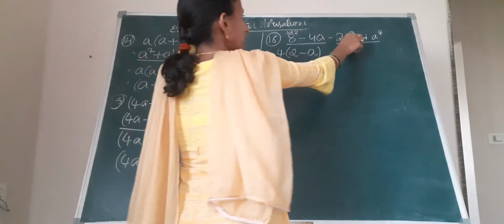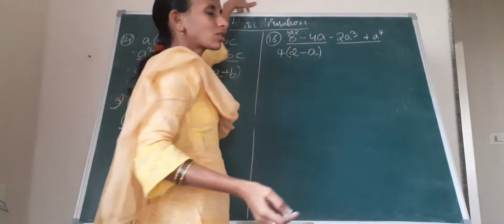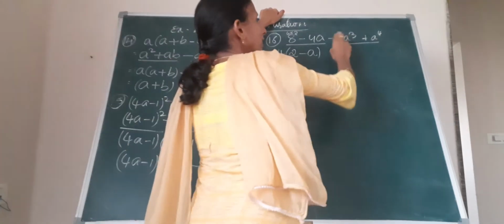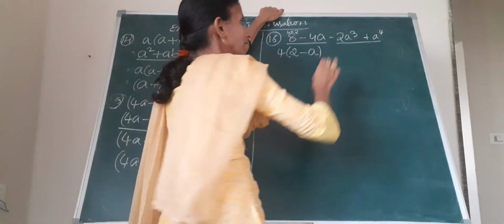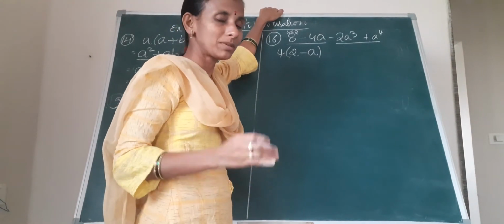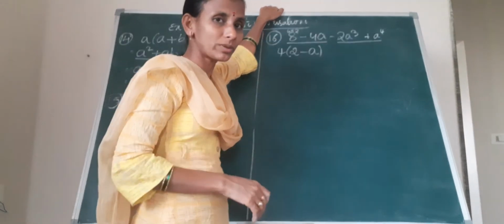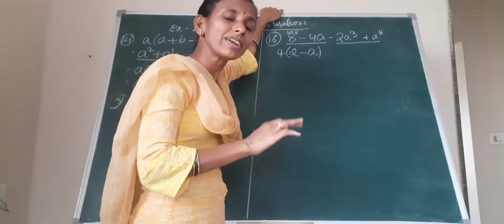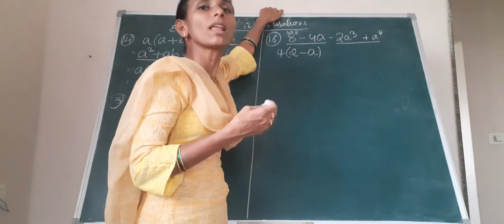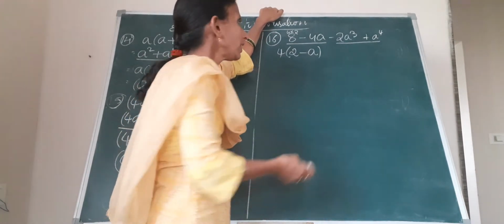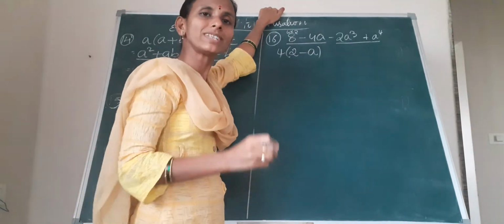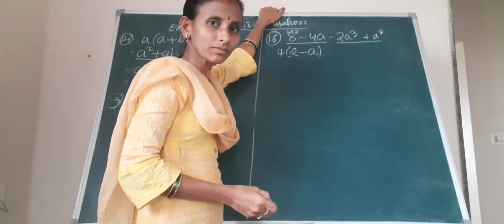Okay. Here in these two terms what is common? Which is the variable with the lowest power? A cube. Okay. See, this we have to take when the variables are same. Means I have to know the variable with the lowest power. Where the same variables are there, in that cases we will take the variable with the lowest power. Okay. So A cube is the variable with the lowest power.